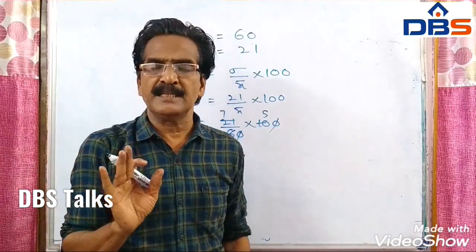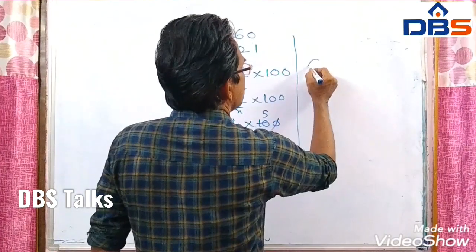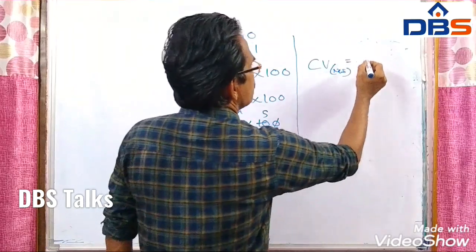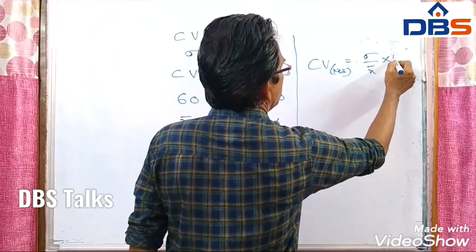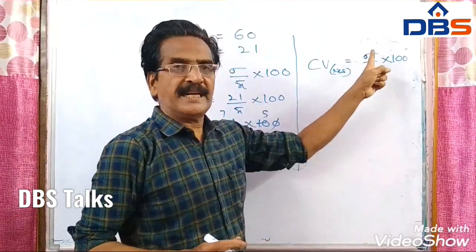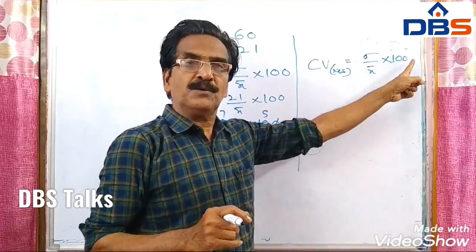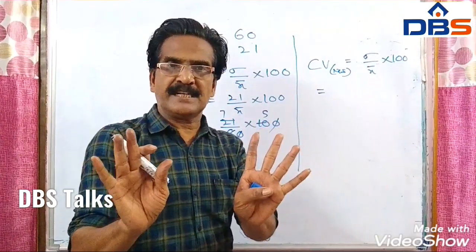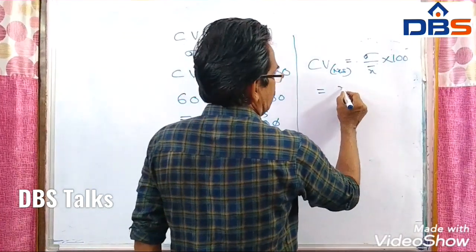So CV for the new data is equal to standard deviation of the new data by mean of the new data into 100. Standard deviation will not change. What was the earlier standard deviation? 21. So that is not changed.